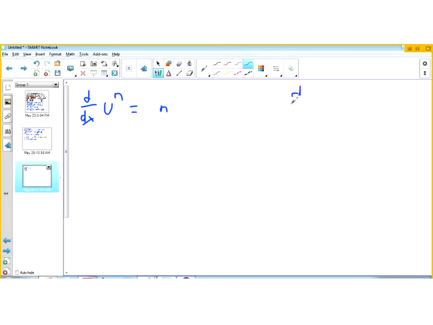So you recall the derivative with respect to x of x to the n is equal to n times x to the n minus 1.